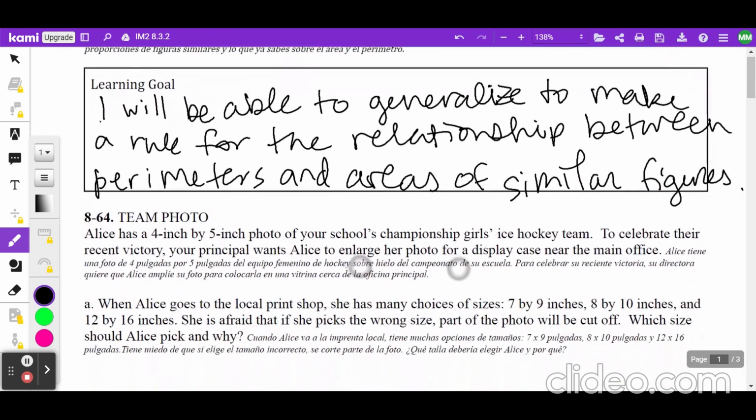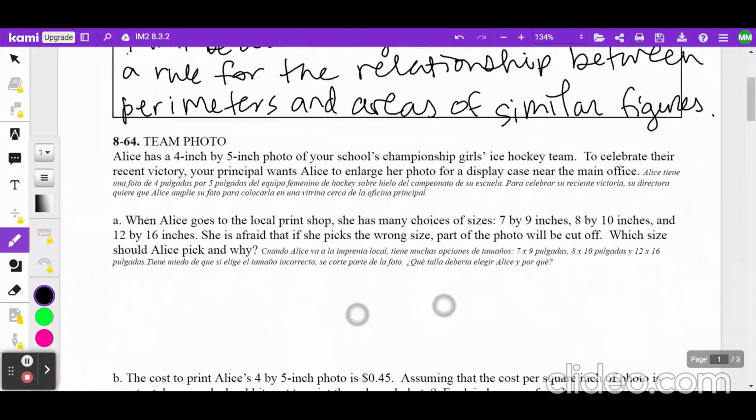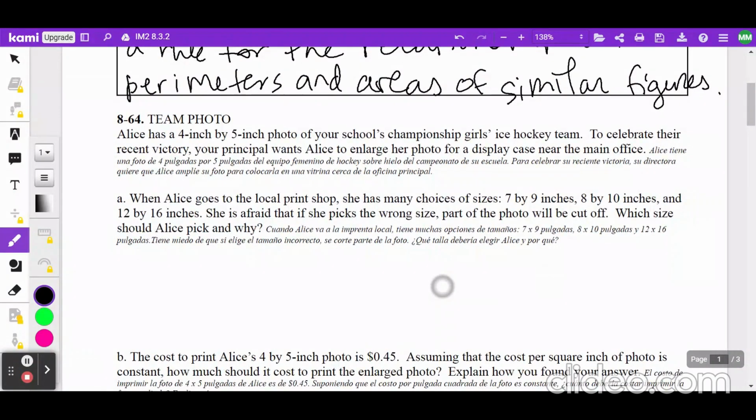Okay, so we start with this problem about a team photo. It's going to be where we have to scale up a drawing and think about pricing. Alice has a 4-inch by 5-inch photo of our school's championship girls ice hockey team. To celebrate the recent victory, our principal wants Alice to enlarge her photo for a display case near the main office.